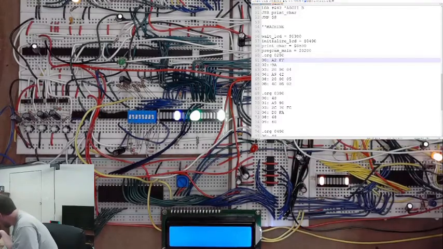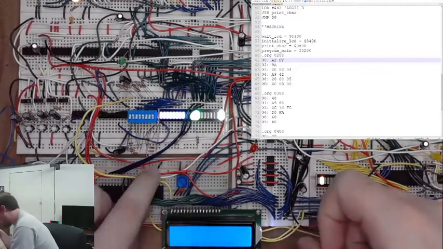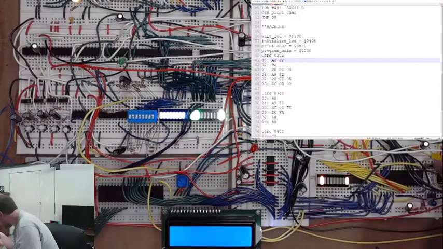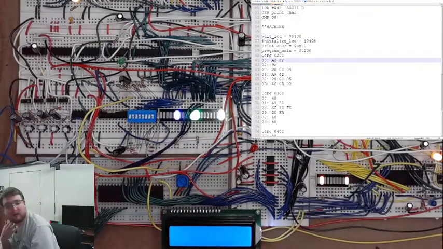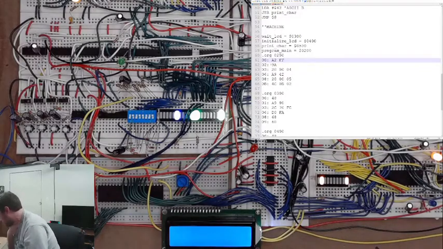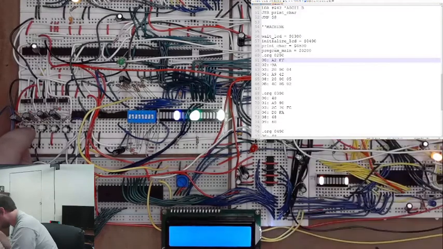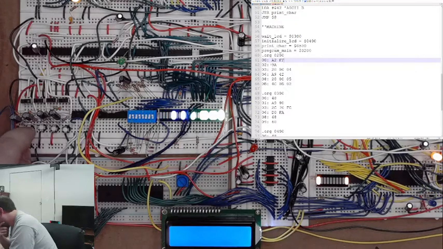Let me disable the RAM first, because now I don't want it to write suddenly. Okay, we can re-enable. Let's just reset now. Alright, and here goes.